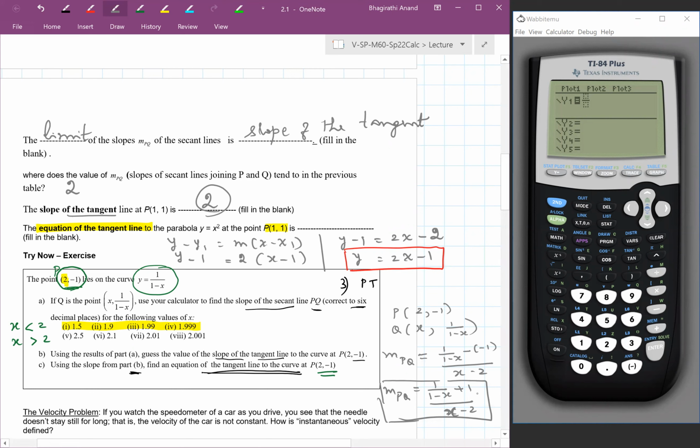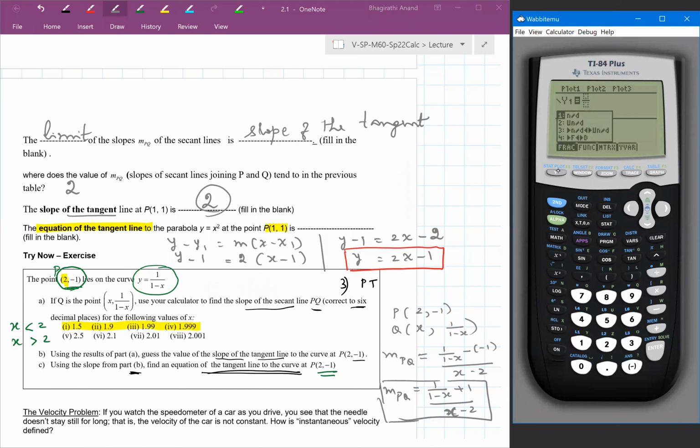into y1. Because it's a fractional form, you may want to do alpha and alpha y equal to, and bring up that fraction form. And also on the numerator, once again, I see a fraction. So I'm going to use alpha y equal to, and then choose the one menu which says numerator over denominator.